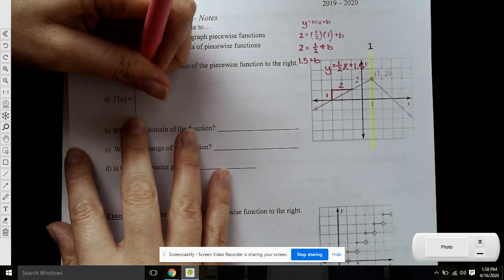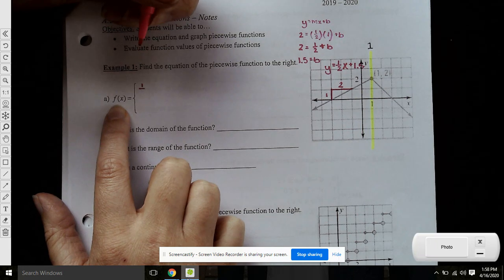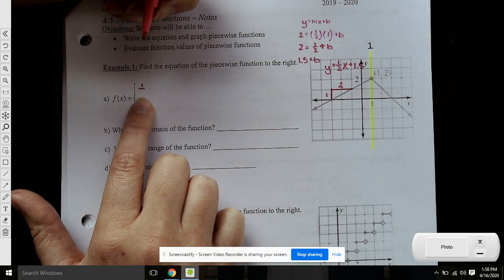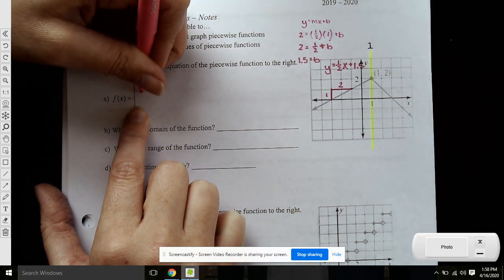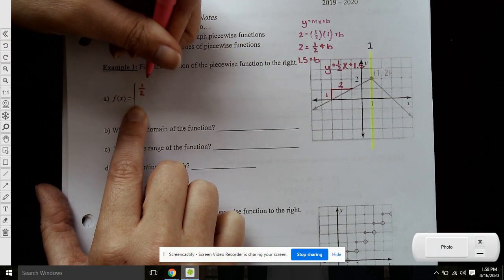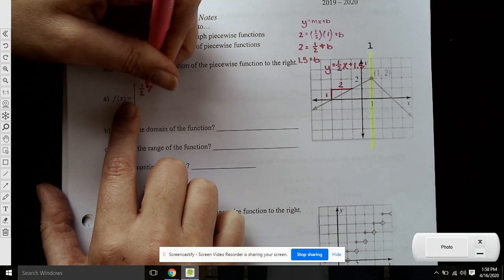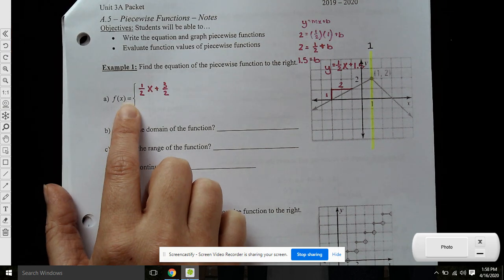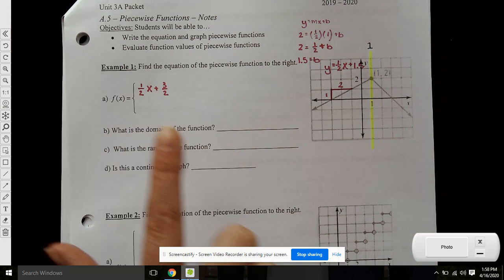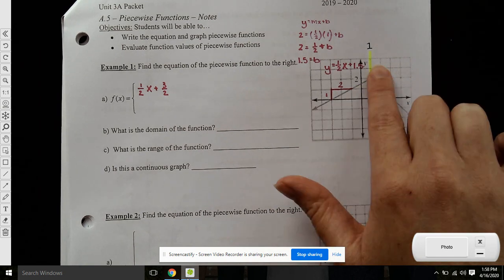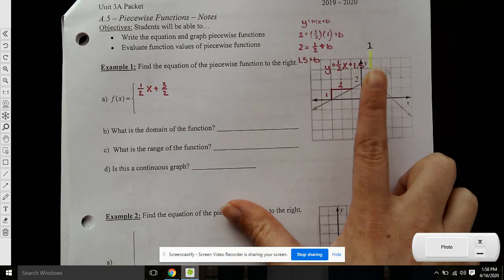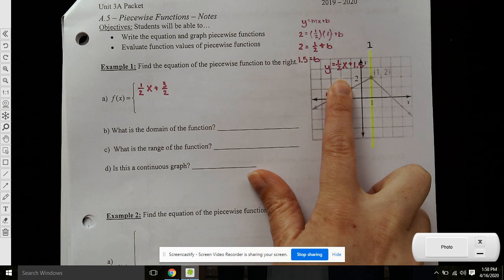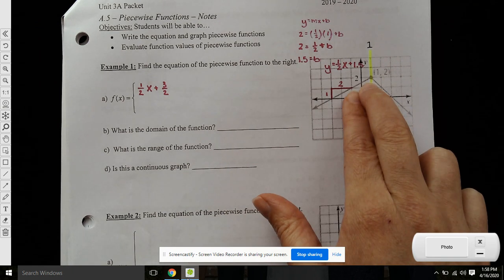So I already have the f of x equals here, so I'm going to just write down the expression part. So I have 1/2 x plus 3/2. That is the equation that works for this part. Now what I need to do is restrict that. What that means is I need to say what values of x that counts for.